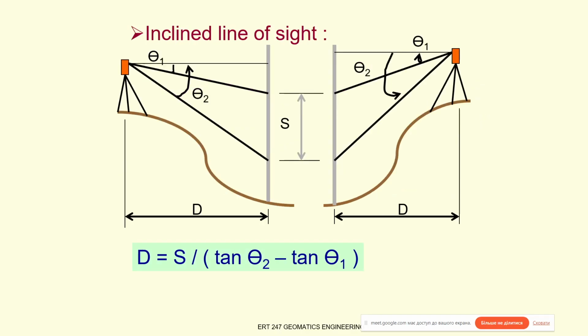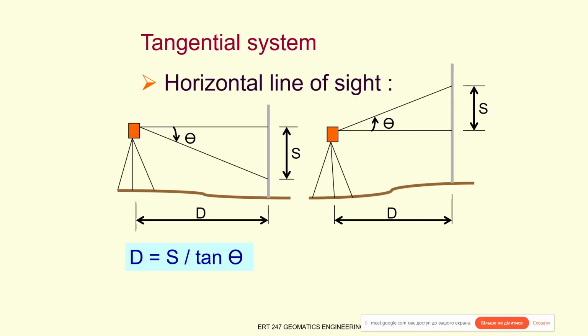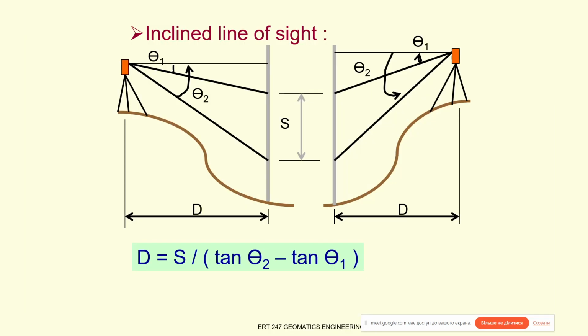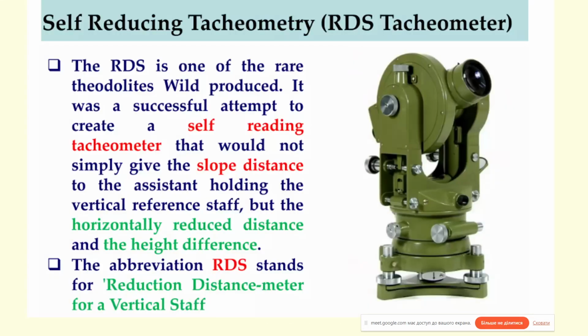Here are examples, the same pictures of tangential, horizontal line of sight and inclined line of sight, and the formulas for these options. Another interesting decision for tachometry is maybe not modern nowadays.